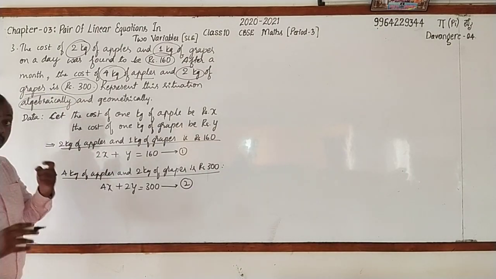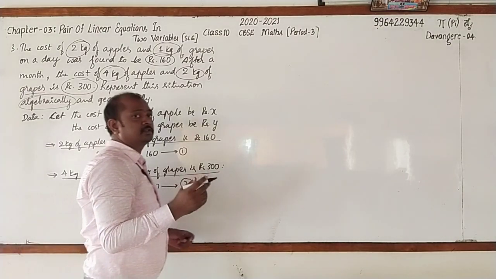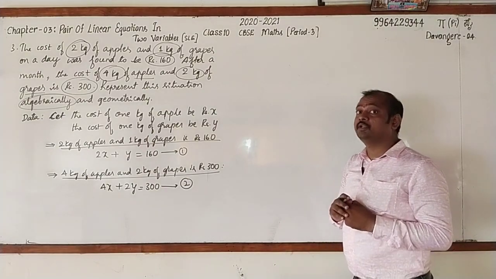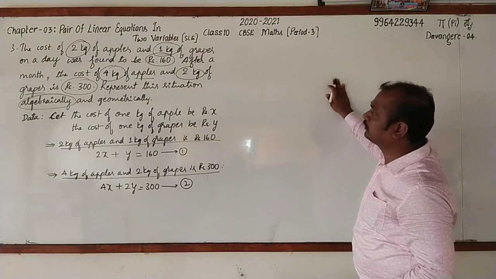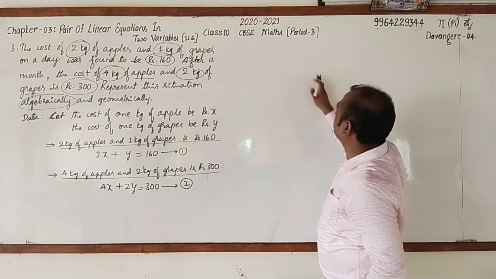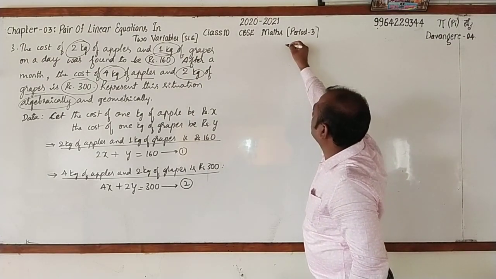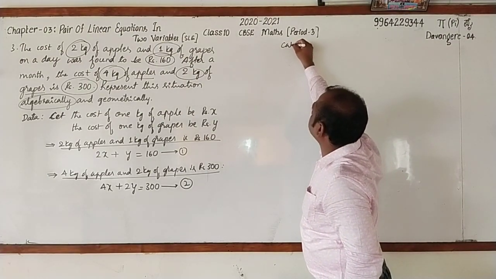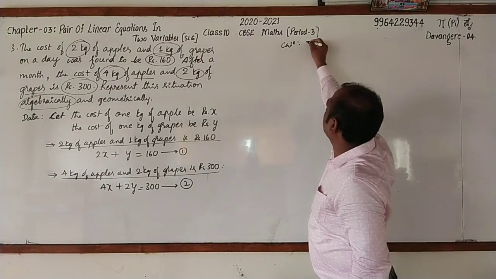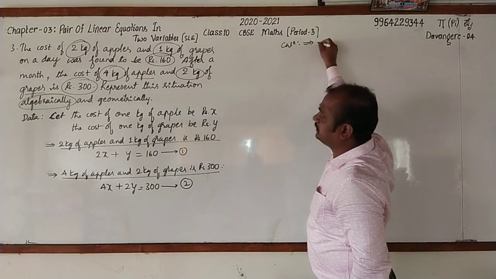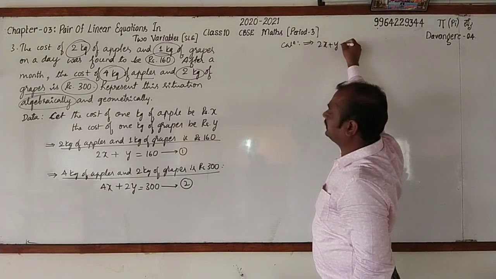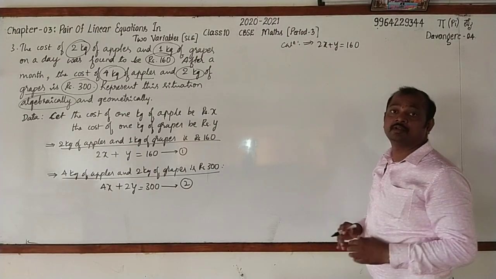Next, we should move on to the geometrical part. Hence, we need to find the coordinate points. Here, I'll go for finding the coordinate points because we already have space. First, let me take the first equation. It is 2x plus y is equal to 160.